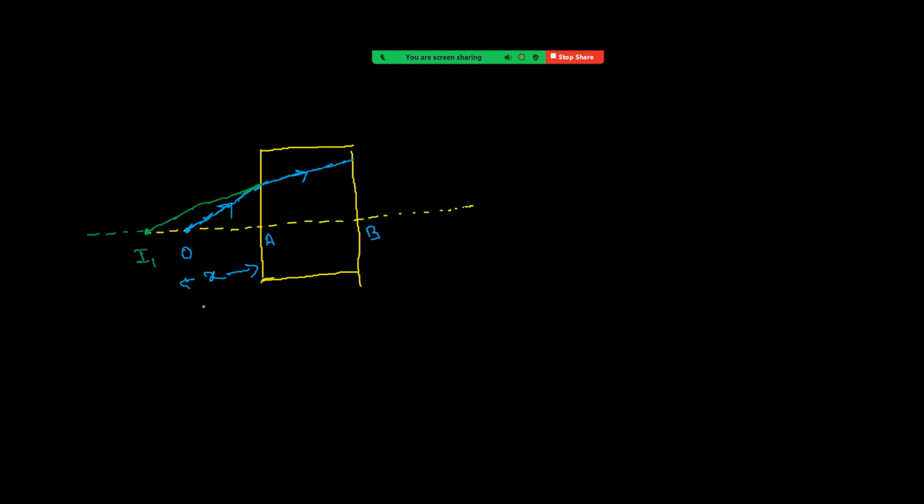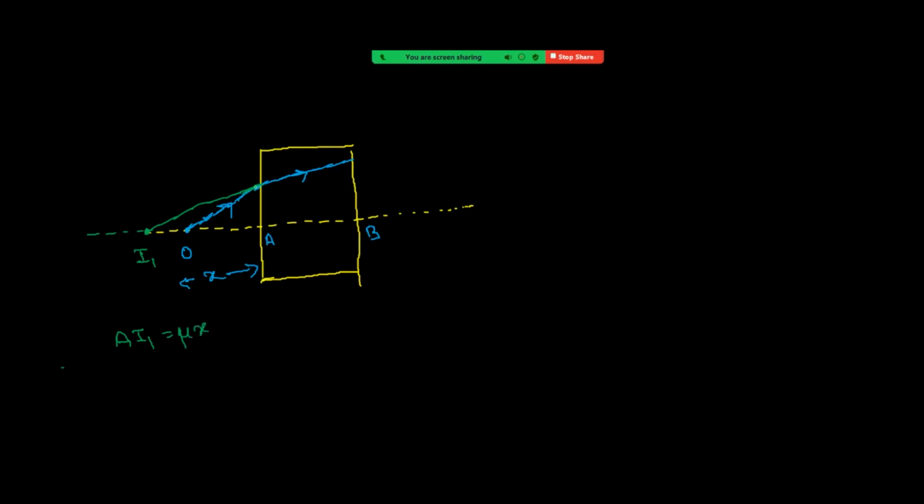So this is what we have learned in apparent depth, right? Because it is traveling from a rarer medium to a denser medium. So AI1 is equal to mu times x.